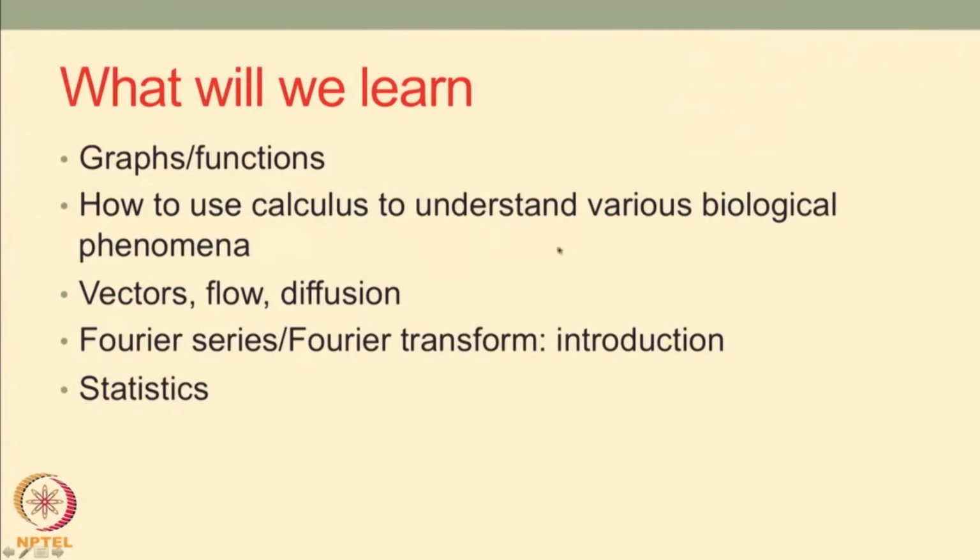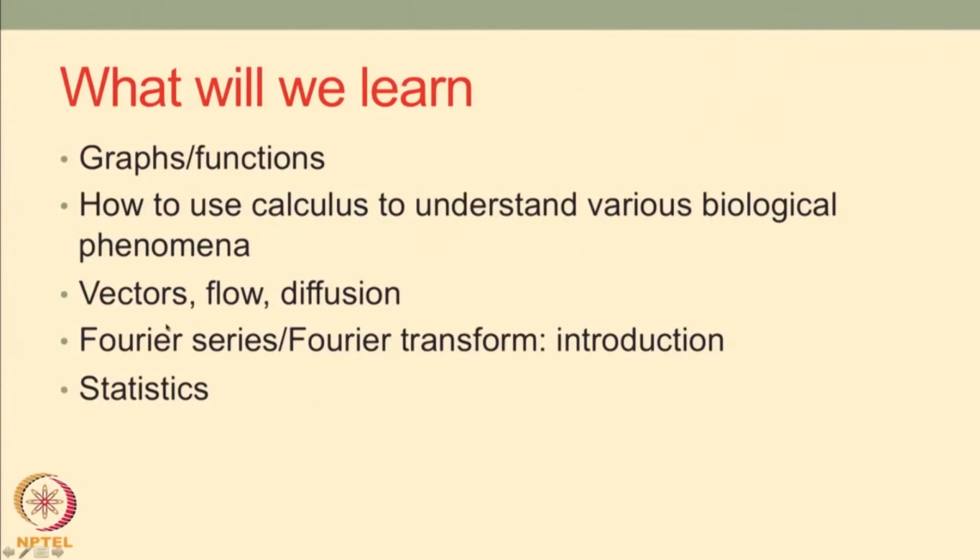Understanding calculus will change your perspective completely in looking at the data. Therefore, it is important to think in terms of calculus when you think about data. So this is something you would learn: how to think of a phenomenon from the perspective of calculus, and how to use calculus to understand various biological phenomena.